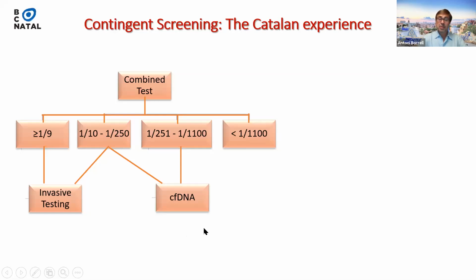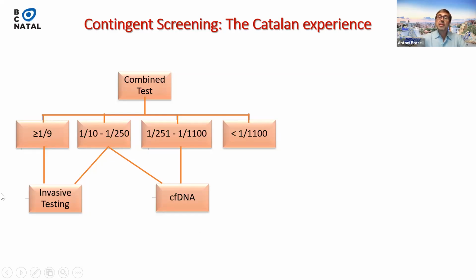The other test is also not perfect, cannot detect 100% of cases of trisomy 21, only 98, 99%, and only detects 3 anomalies, trisomies 21, 18, and 13, but it carries no risk at all to the pregnancy.